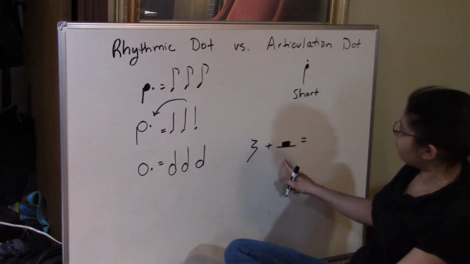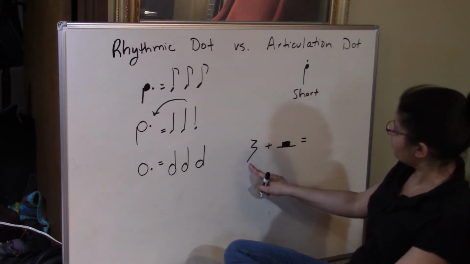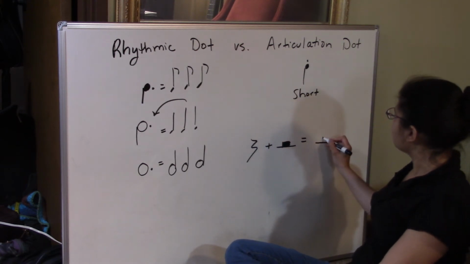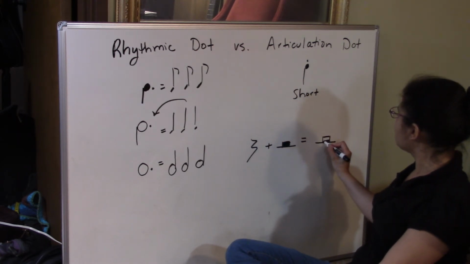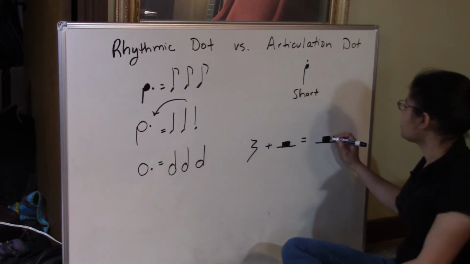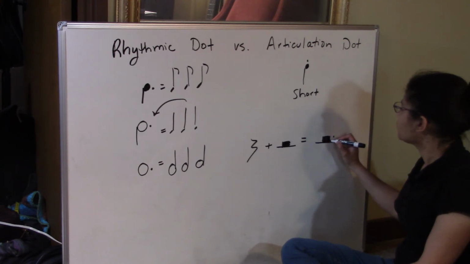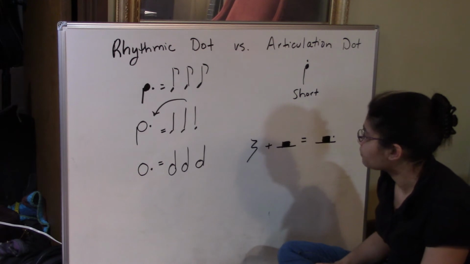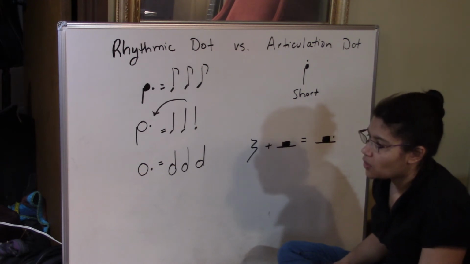So a half rest plus a quarter rest, well, that's going to be our dotted rest. I'm going to scoot out of the way so you can see. So we can have rests that are dotted as well. And those look pretty simple.